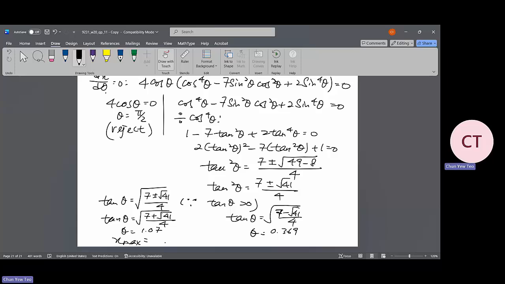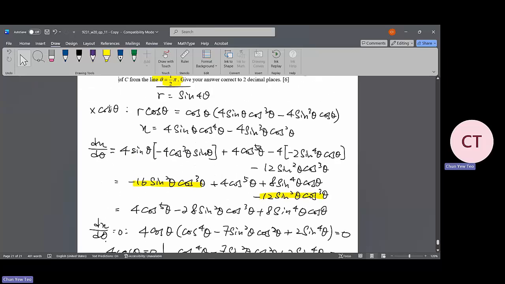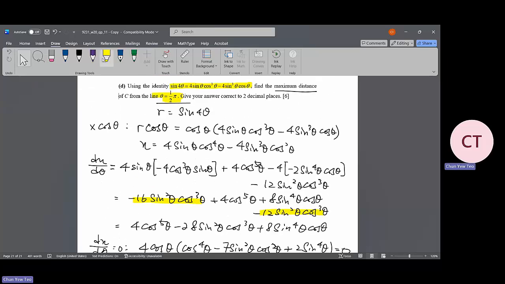Just use a calculator. Just substitute the theta inside. The x will be quite complicated because the x looks like this. Just need to replace the theta inside here, and then you press a calculator. So for this one, to save time, I will skip this part.